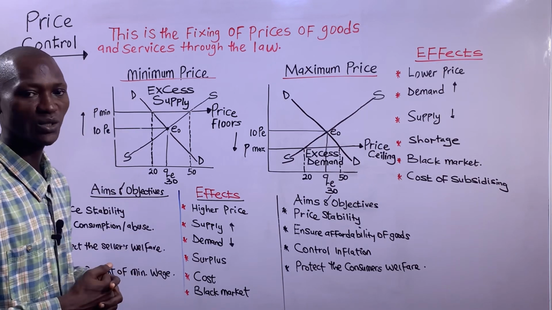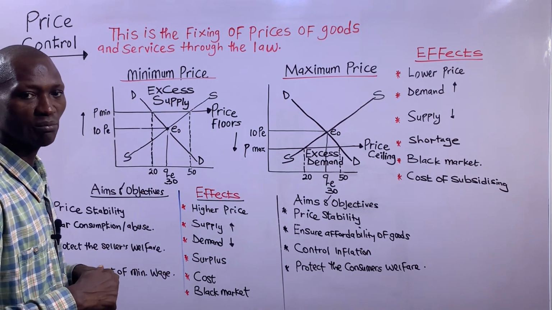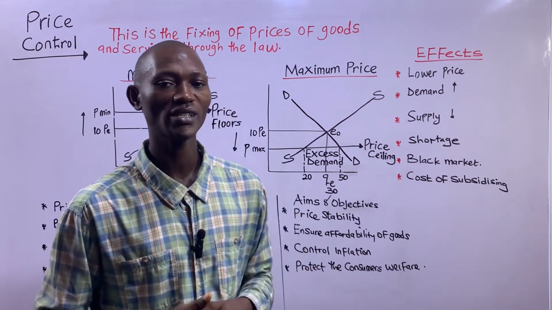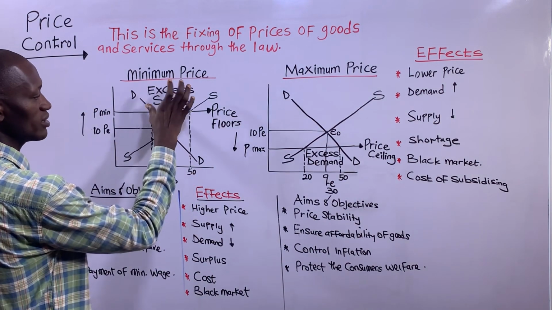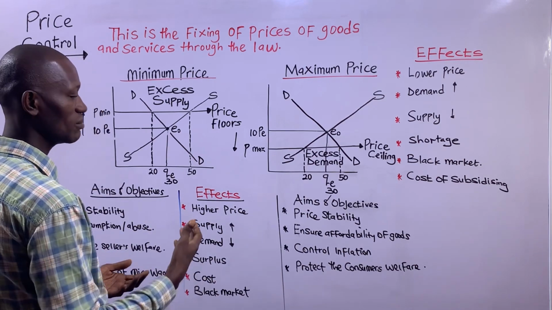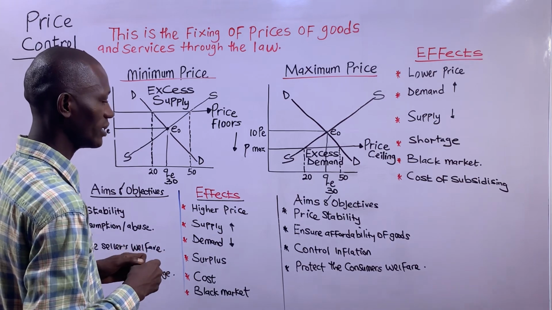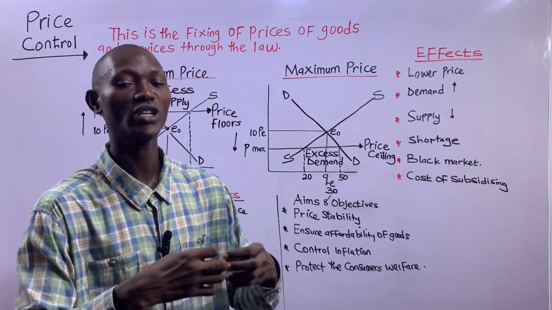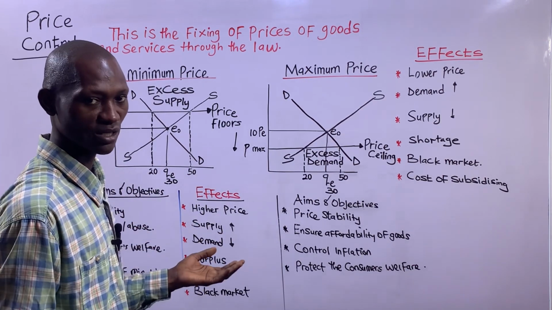Then the producers are going to be real fans of minimum price legislation because it increases their producer surplus. And if the surpluses are also purchased by the government through the intervention buying that we talked about earlier, then the producer's revenue, that's the producer surplus, will increase much more than when the surpluses are not bought by the government.